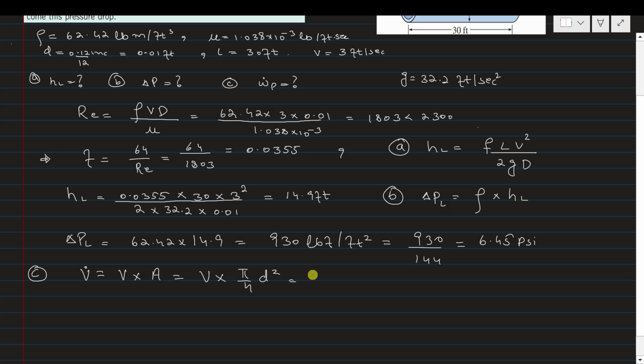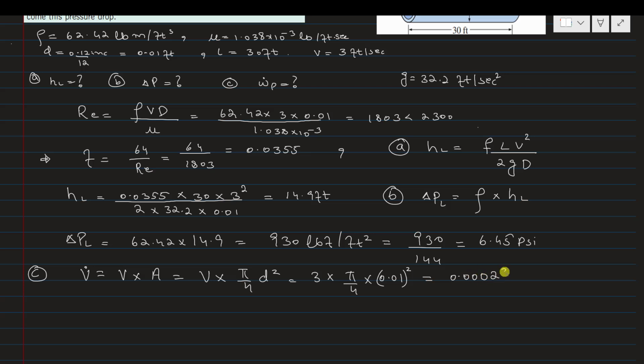So what is V? It is 3 multiplied by pi by 4. What is diameter? That is 0.01 square. So after solving you will get the volume flow rate, and it will be equal to 0.0000236 foot cube per second.